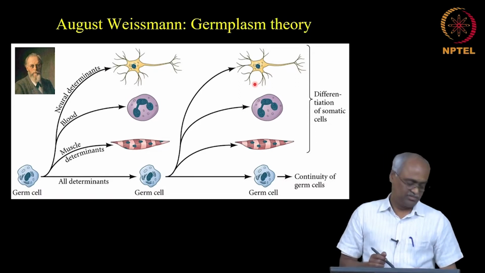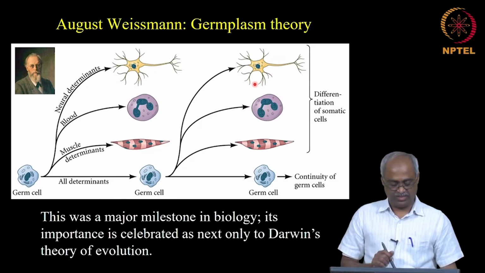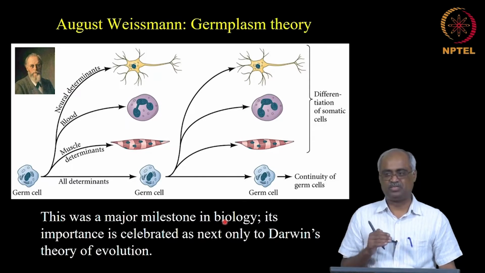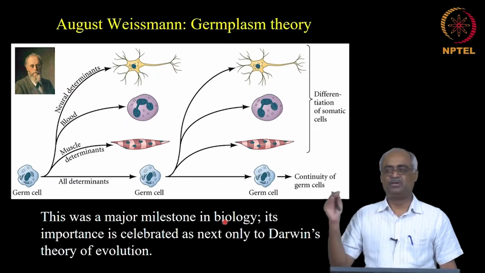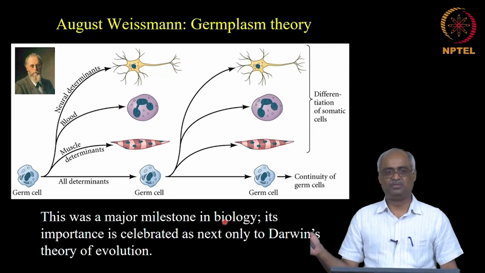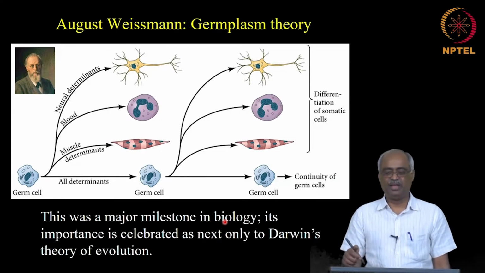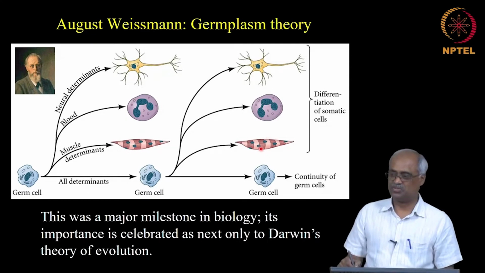So, this was a major milestone, because it helps us distinguish Lamarck's view of evolution from Darwin's view of evolution. Use-disuse theory would demand that the information in the muscle goes to the next generation.